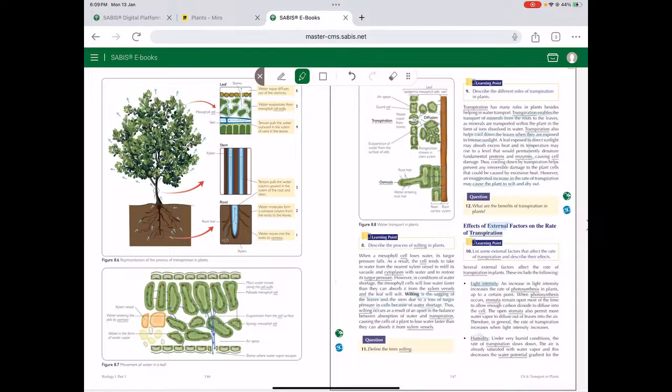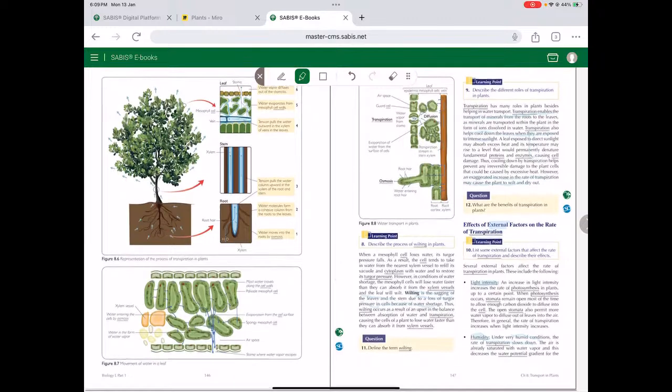Also, humidity. Under very humid conditions, what's going to happen? The rate of transpiration slows down. Okay?